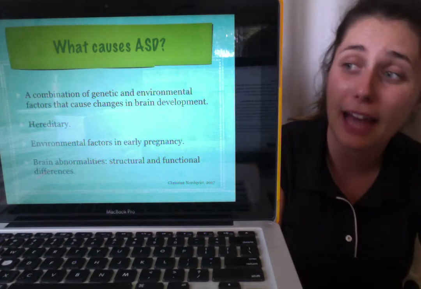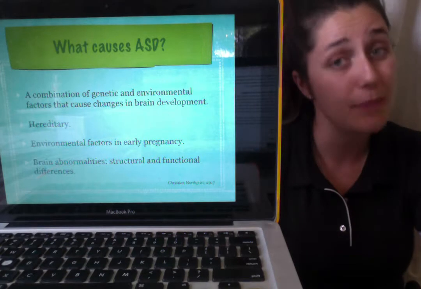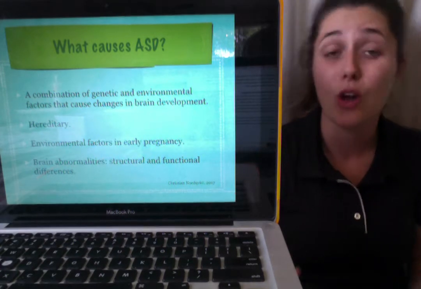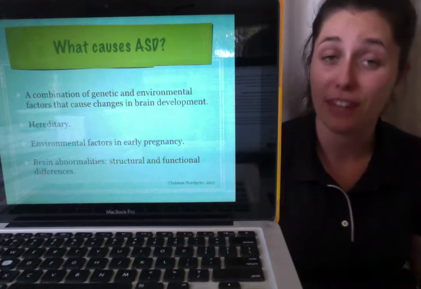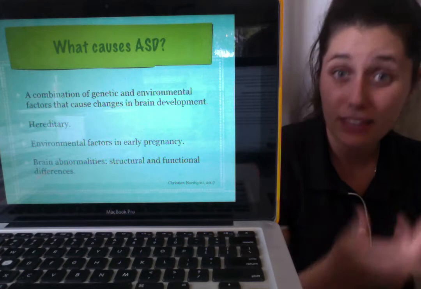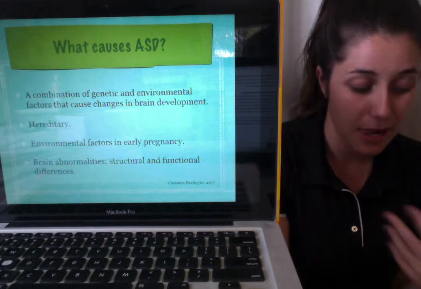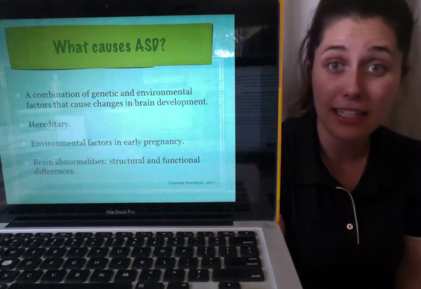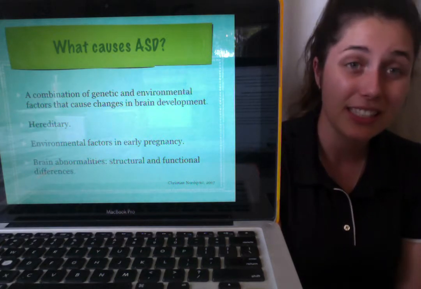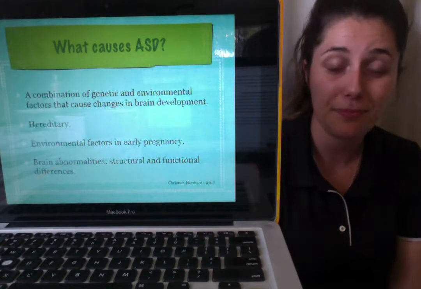So we have presented that a combination of genetic and environmental factors can maybe cause changes in brain development early on. It could be hereditary, genetic. I think you probably have students in your classes that have it within their family. Environmental factors early in a pregnancy possibly, and brain abnormalities.